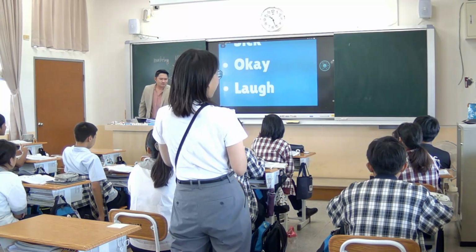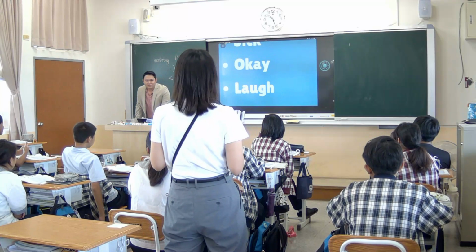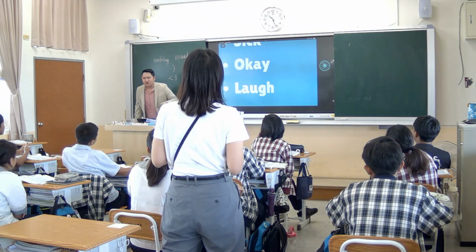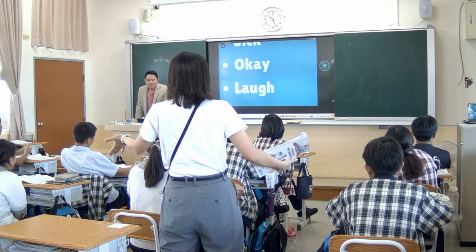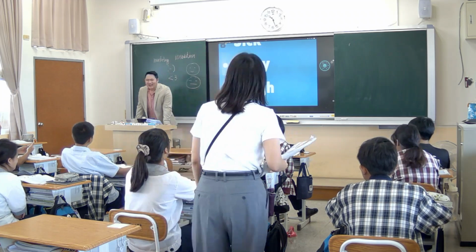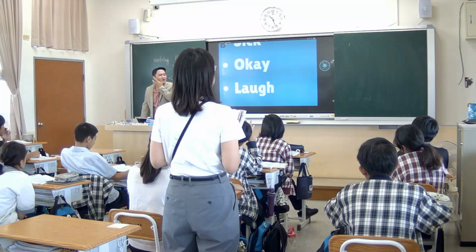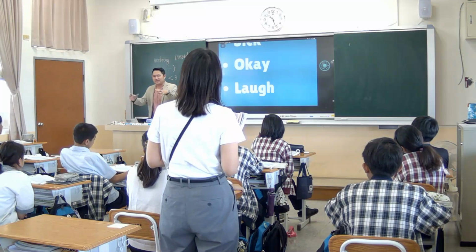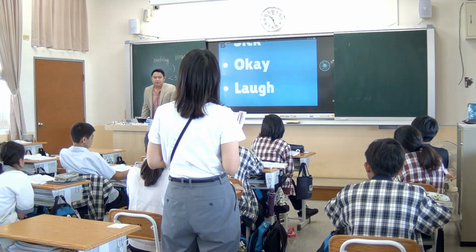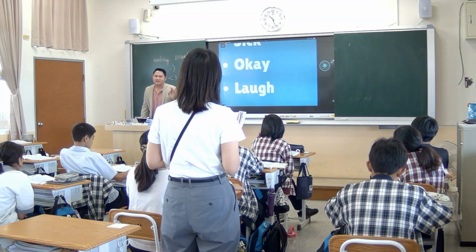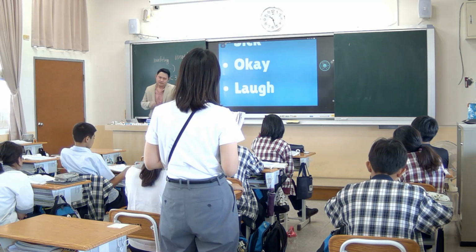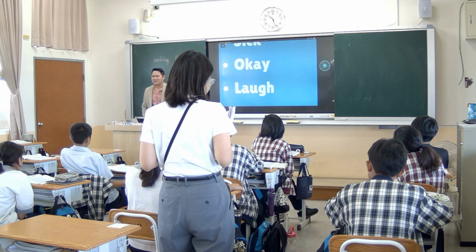Next, laugh. What is laugh? Dà xiào, hā hā. Okay, can you show me how to laugh? Let's laugh now. Okay, so there is an inside joke in the Philippines. Rich people will laugh only 3 times. They always say ha ha ha. Rich people always laugh 3 times.